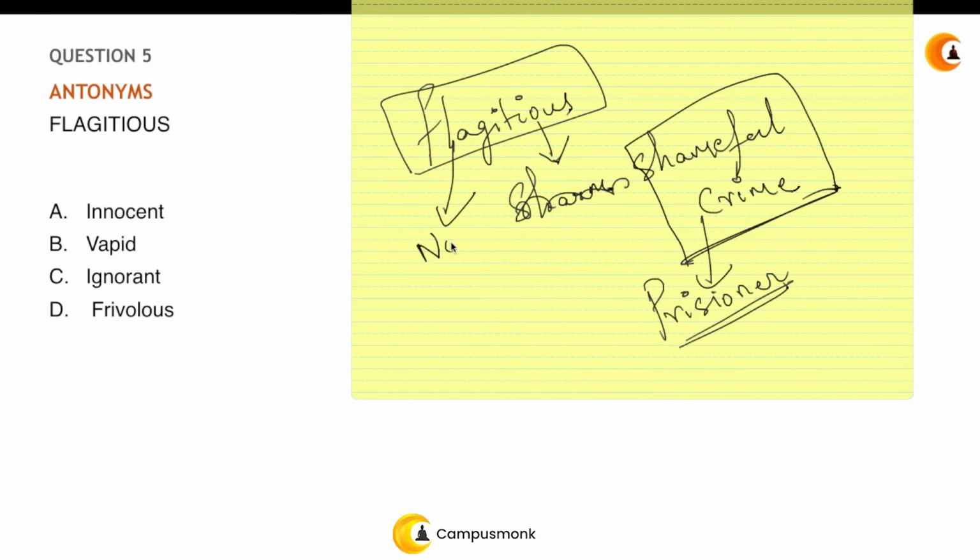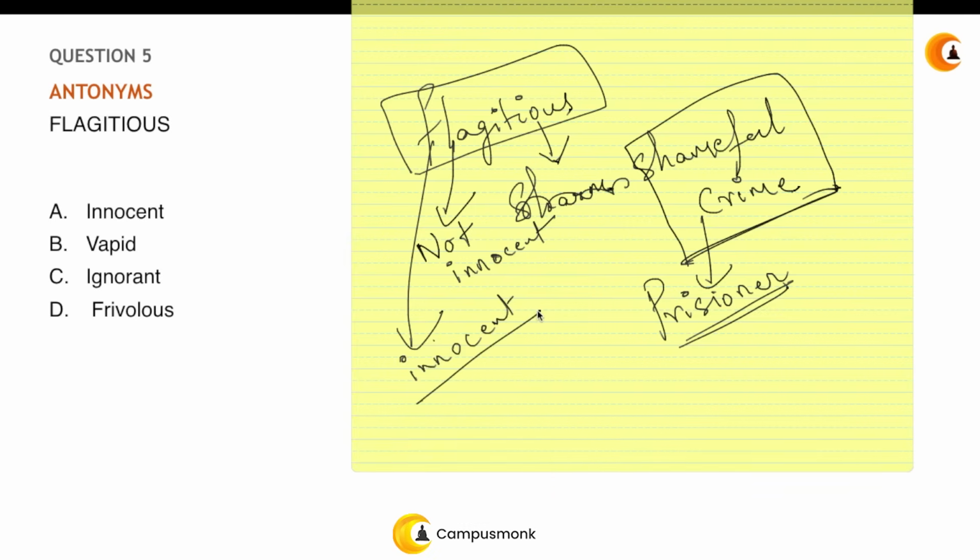That means that person is not an innocent one, right? So what will be the opposite of not innocent? It is someone who is innocent, someone who hasn't done any kind of crime, like you and me, right? So your answer is in option number A, that is innocent.